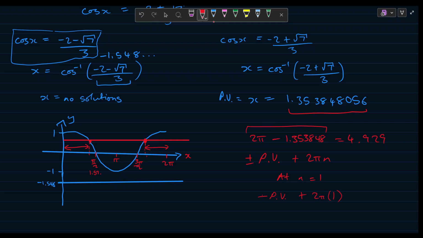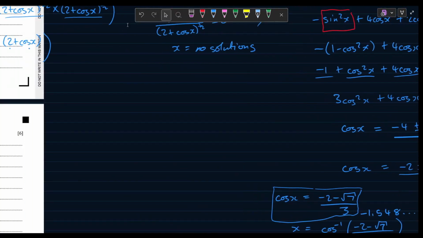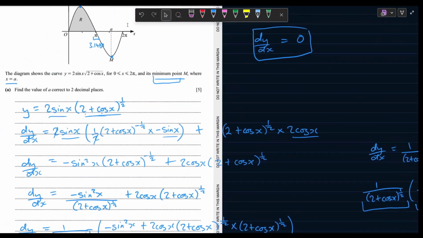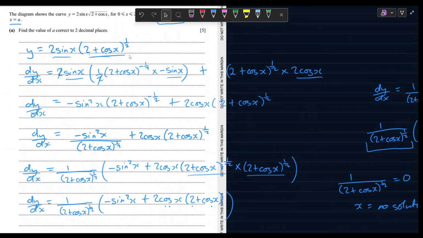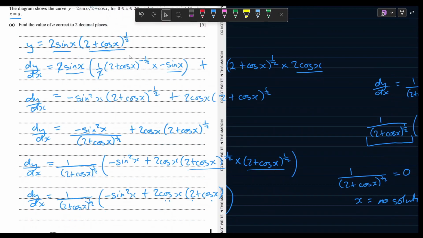All right. So it means our answer should be 4.929, and we can just check with a diagram to see if it checks out. So we know that it's definitely greater than pi, because pi is 3 point something, and it's less than 2 pi. 2 pi is 6.28 approximately. So we've got 4 point something. So it checks out that m should be around 4. So we can, or rather a, which is the x coordinate at m.